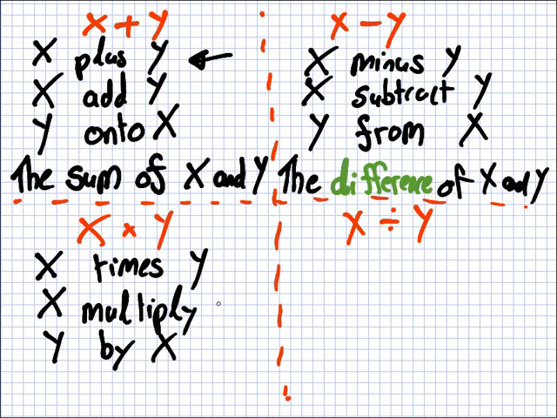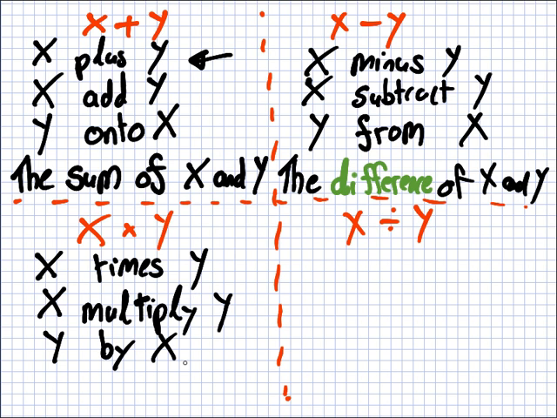X multiply Y. Sorry, M-U-L-T-I-P-L-Y. Oh, are you typing all of this? Nice. Okay.